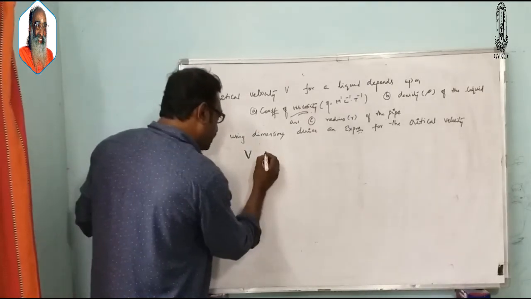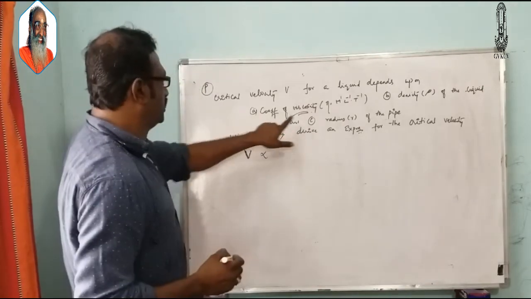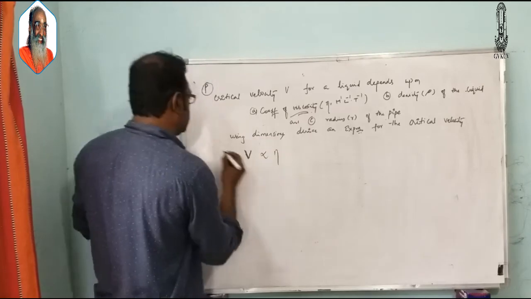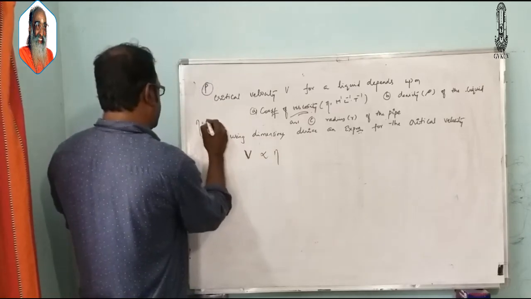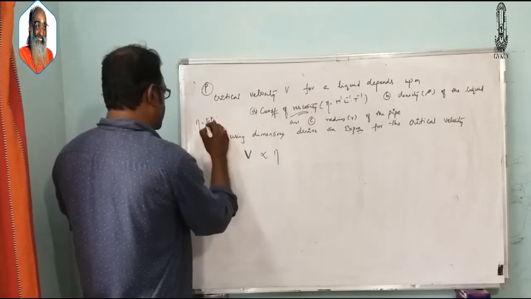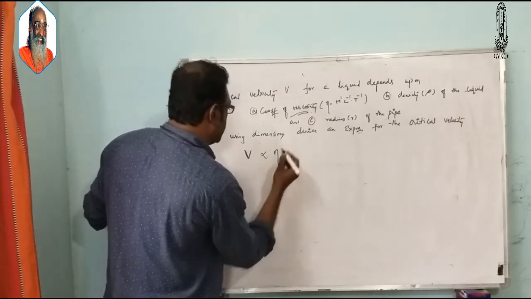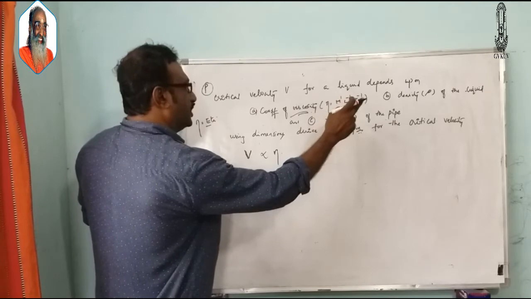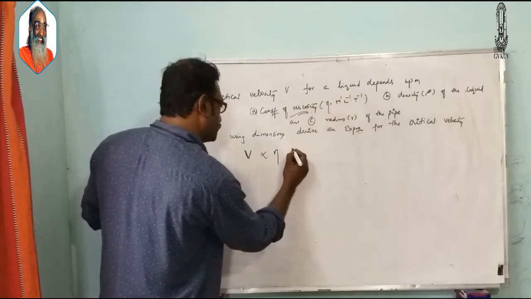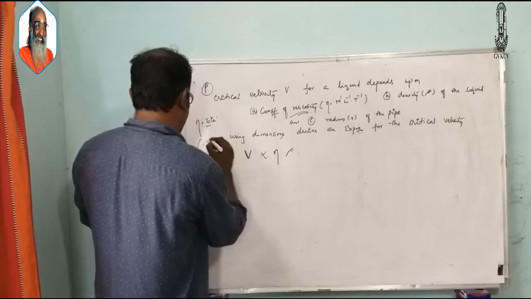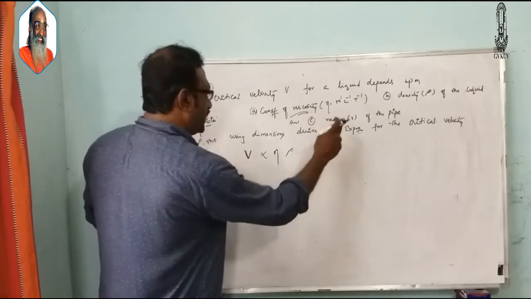So this depends upon viscosity. The symbol is eta, a Greek letter. And it depends upon the density rho, and radius r.